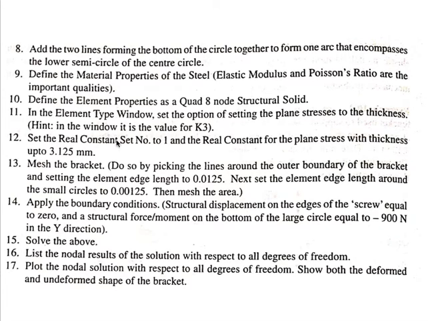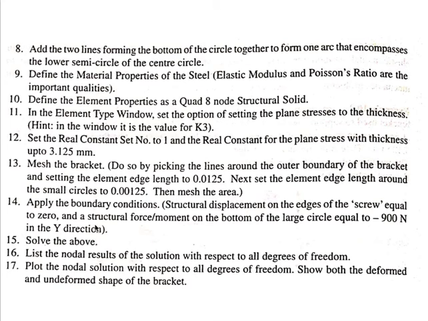And then solve all this in the software and list the nodal results of the solution with respect to all degrees of freedom. Then plot the nodal solution with respect to all the degrees of freedom and show both the deformed and undeformed shape of the bracket as well.